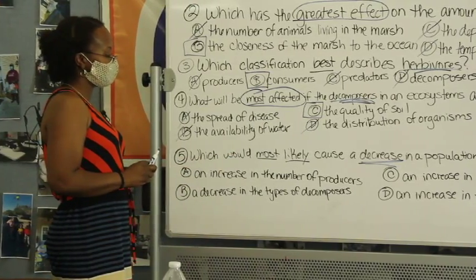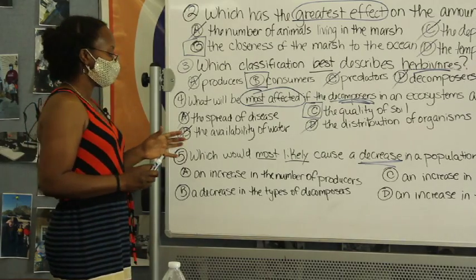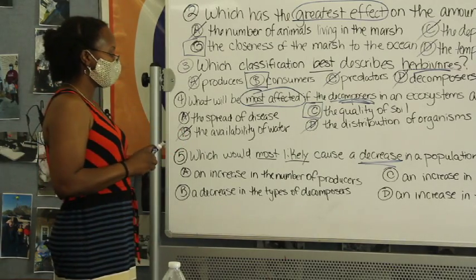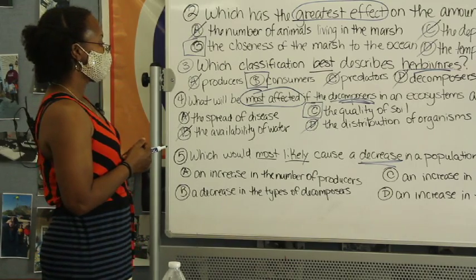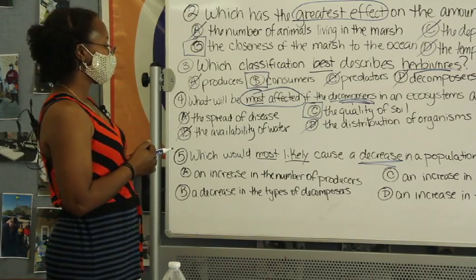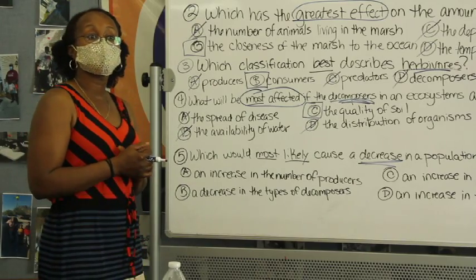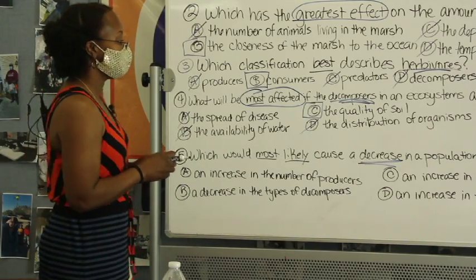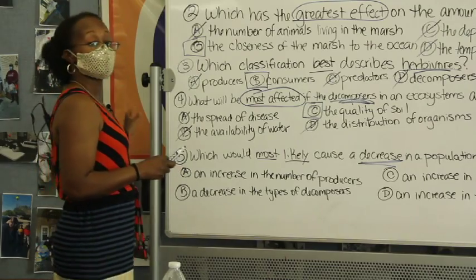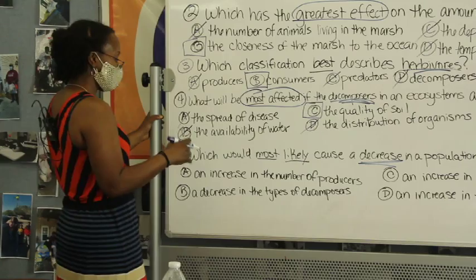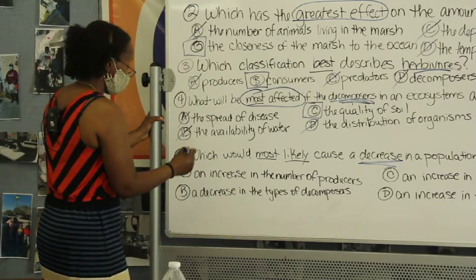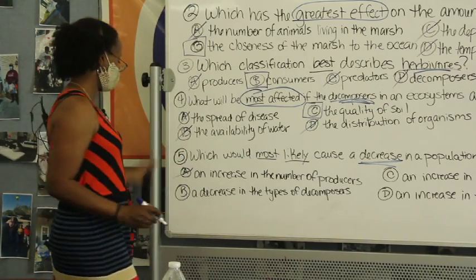If you increase the plants, will that decrease the population of herbivores? I would think it'd do the opposite because they now have more food they can eat. More herbivores may come to a particular area that has more food for them, okay? So let's mark that out.